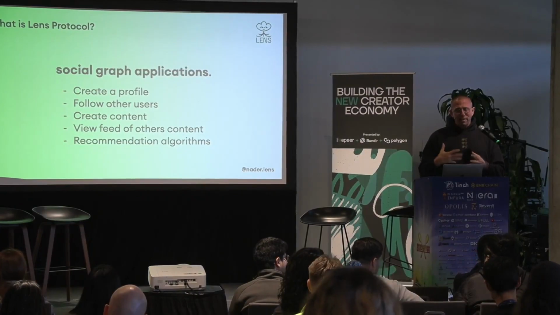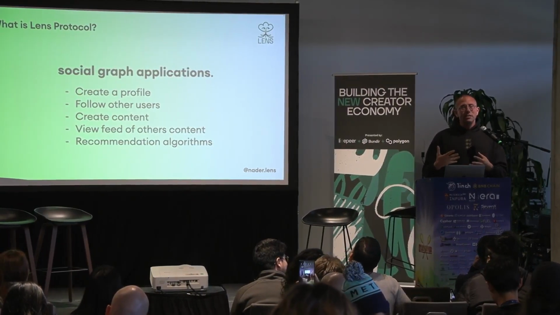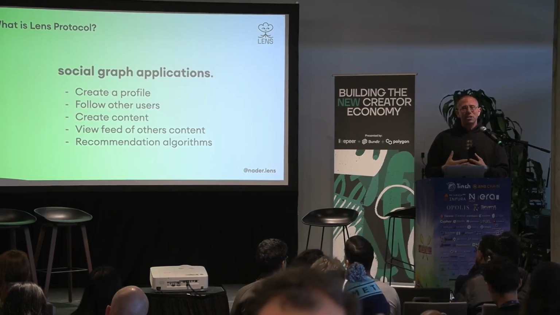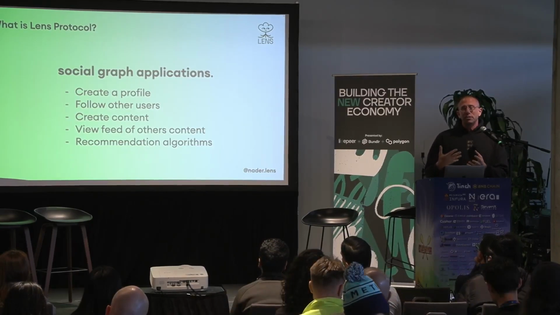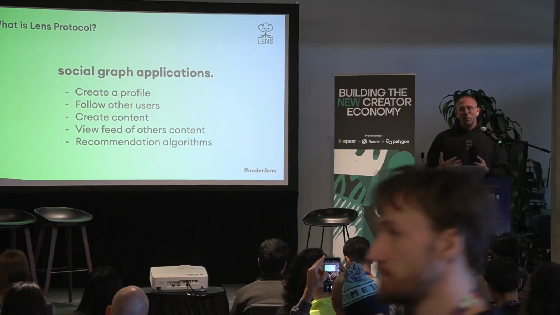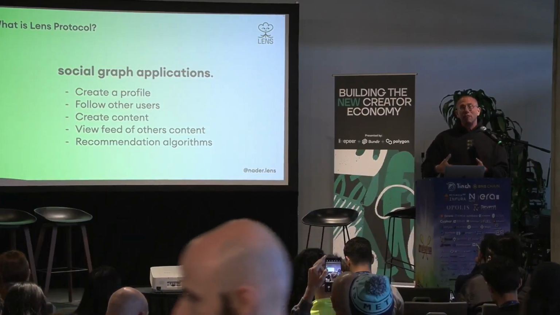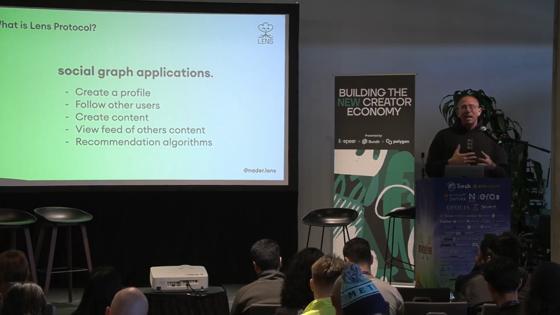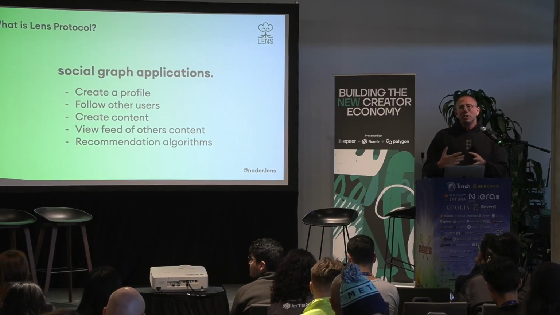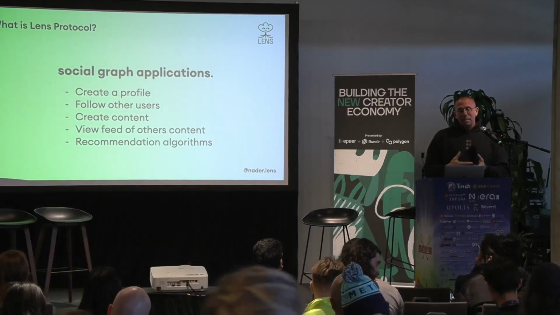So what are social graph or social applications? When you think of these components, we start realizing that a vast majority of the applications we use today actually have social features. There are 4.85 billion users of social applications today, which makes up almost all internet users, because almost every internet user is using a social app in some way.